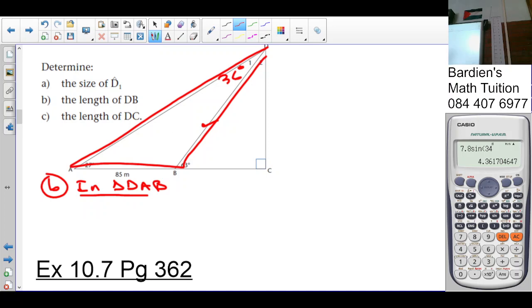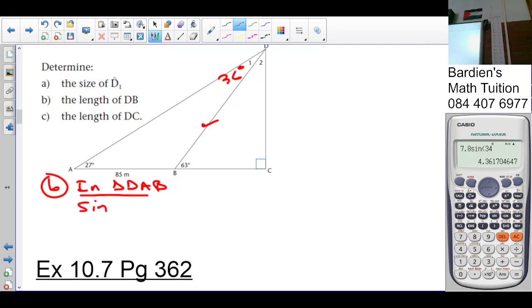So what are you going to say? Sine of 36 over 85 is equal to sine of 27 over BD. Is that enough information to calculate BD? Yes, so calculate BD. You don't have to write the third ratio.